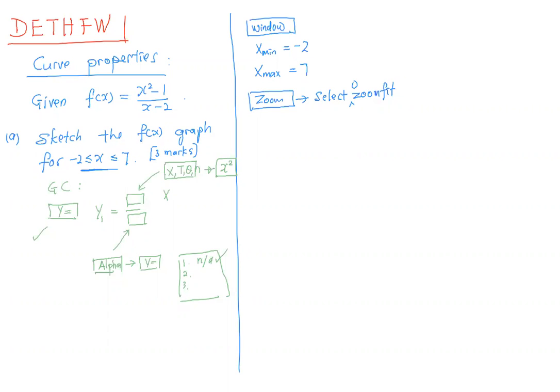First of all, you see there is a vertical asymptote. Now I'm going to tell you a few points. We know that x minus 2 cannot be 0, so x cannot be 2. So this is the vertical asymptote.